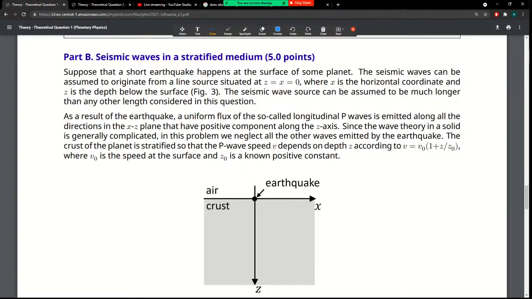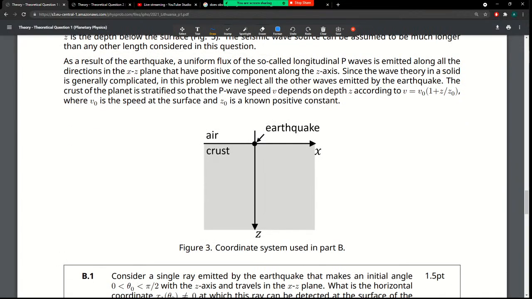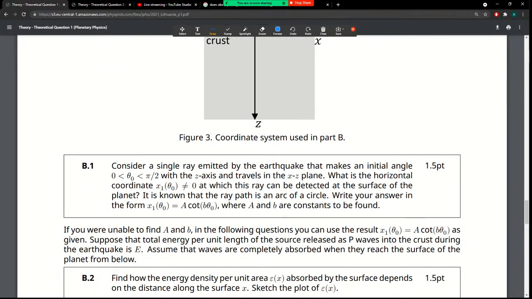As a result of the earthquake, a uniform flux of the so-called longitudinal P waves is emitted along all directions in the xz plane that have a positive component along the z-axis. Since the wave theory in the solid is generally complicated, in this problem we neglect all other waves emitted by the earthquake. The crust of the planet is stratified so that the P wave speed v depends on the depth z according to v equals v0 times (1 plus z over z0), where v0 is the speed at the surface and z0 is a known positive constant.